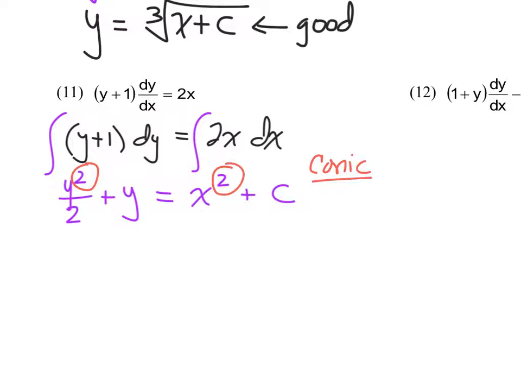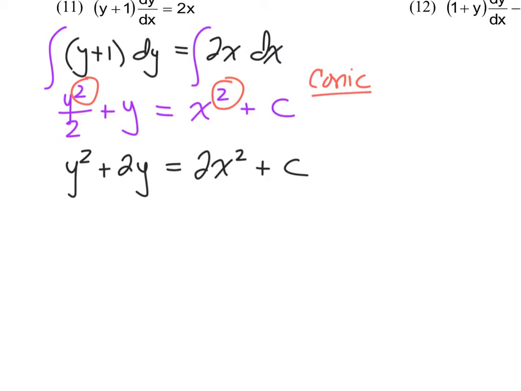All right, first thing I'm going to do is multiply everything by 2, get rid of that fraction. So y squared plus 2y equals 2x squared plus c. All right, I'm going to bring the 2x over. No, 2x squared, sorry.